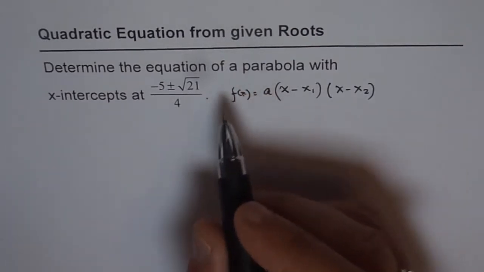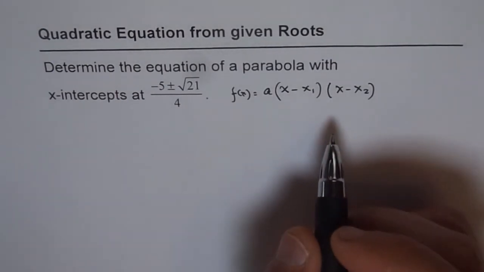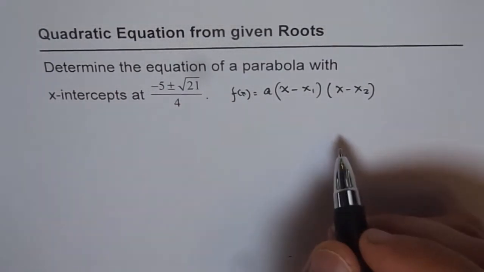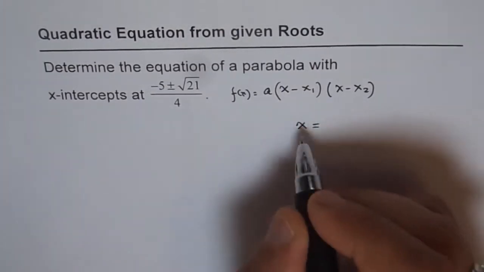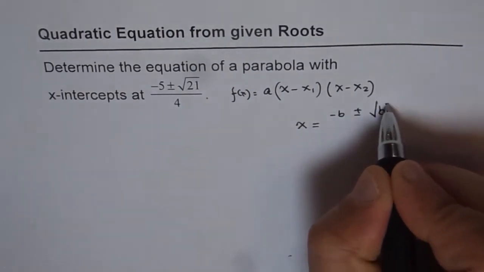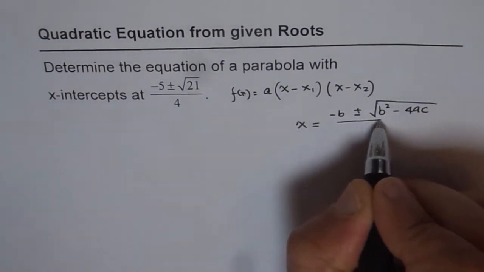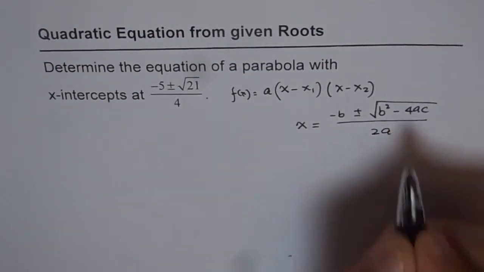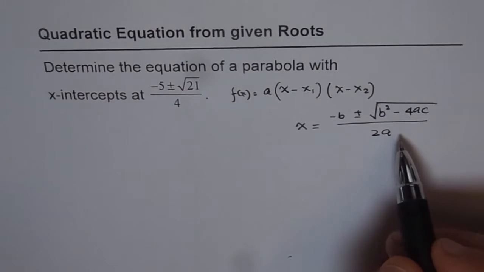Now, the method is really, let me repeat it here. Let's analyze the quadratic formula first. From the quadratic formula, you get roots like this: x = (-b ± √(b² - 4ac)) / 2a. And what we are given is an x-intercept, which basically is the root, right?